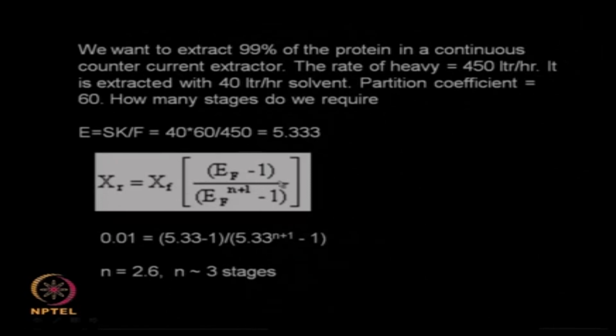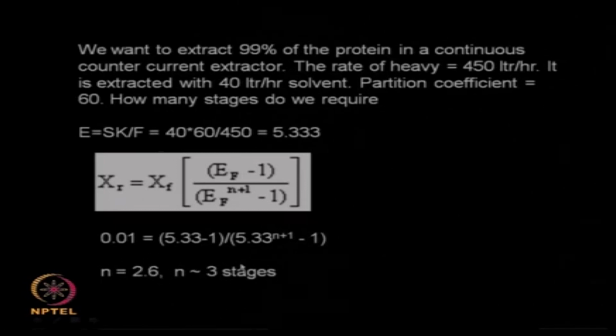Now you take this equation. I want to extract 99%, right. So XR by XF will be 0.01, that means only 1% of the solute is left behind in the raffinate. Then I substitute all these terms here. Once I substitute all these terms, I get n is equal to 2.6, right.